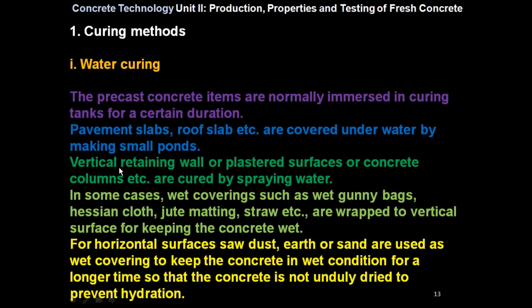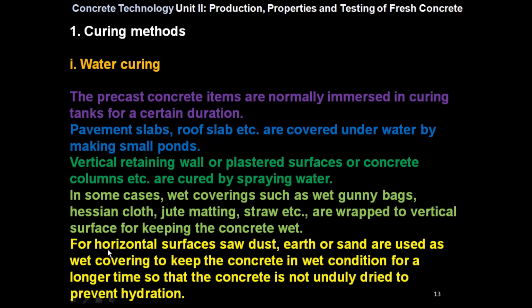Vertical retaining walls or plaster surfaces of concrete columns, etc. are cured by spraying water. In some cases, wet coverings such as wet gunny bags, Hessian cloth, jute matting, straw, etc. are wrapped to vertical surfaces for keeping the concrete wet.